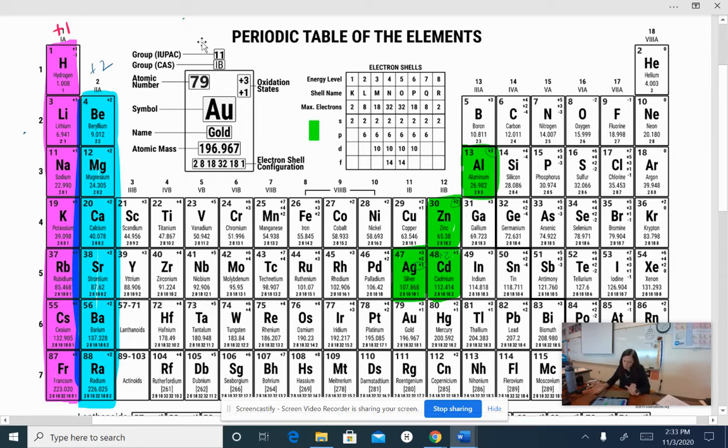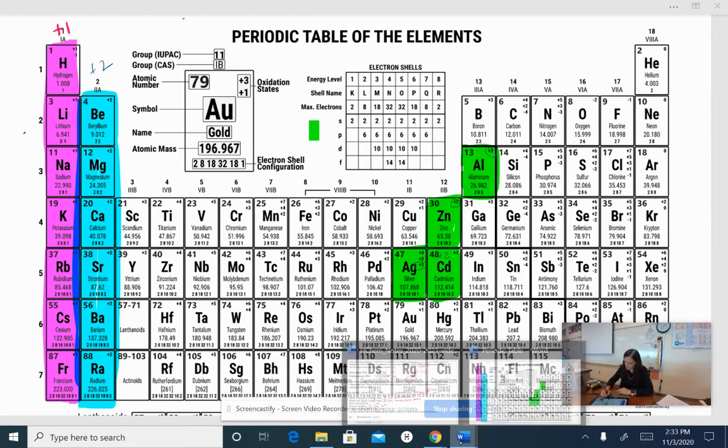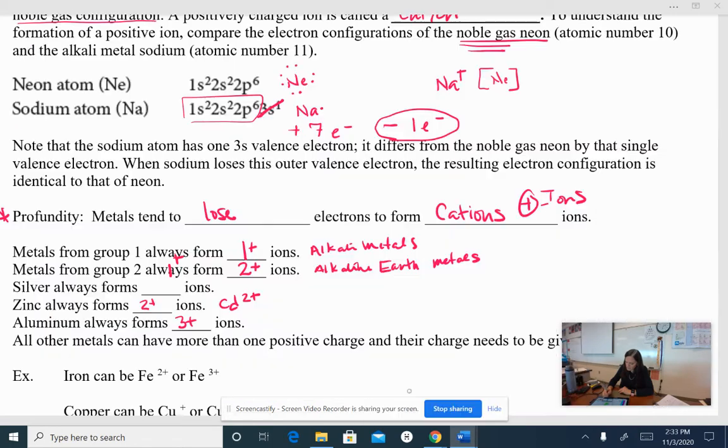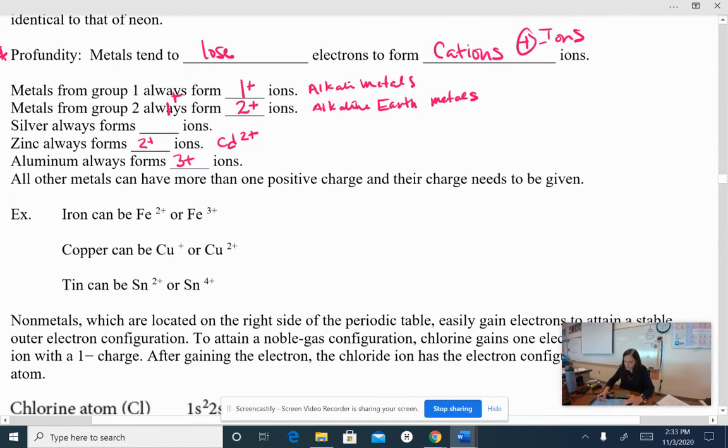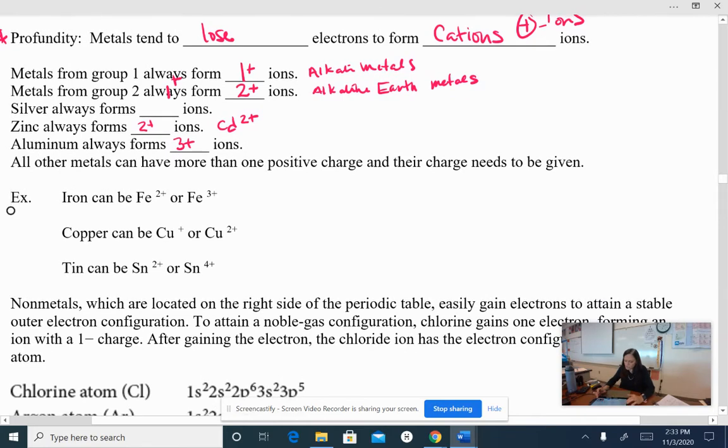So there are some charges on the periodic table. We're going to fill in some more as we go along. Okay? Now, the thing is, the transition metal groups can have more than one positive charge, and their charges need to be given. For example, iron can be +2 or +3.